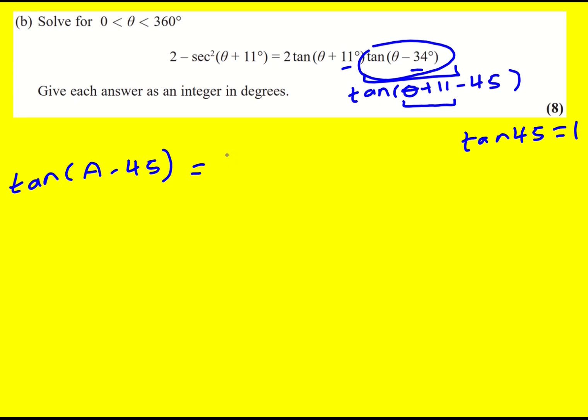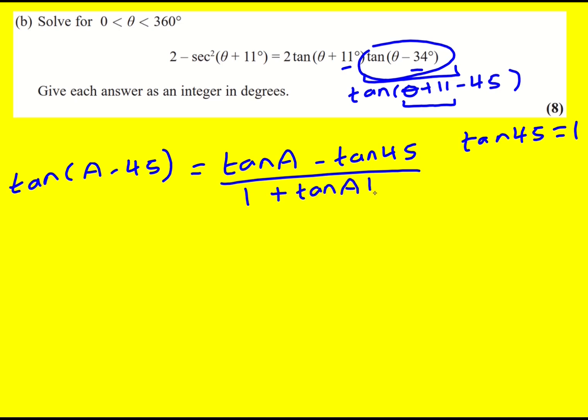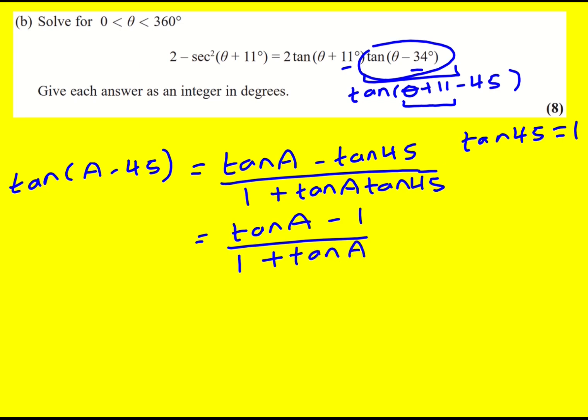Okay, so our formula is tan A minus tan 45 all over 1 plus tan A tan 45, which becomes tan A minus 1 over 1 plus tan A.